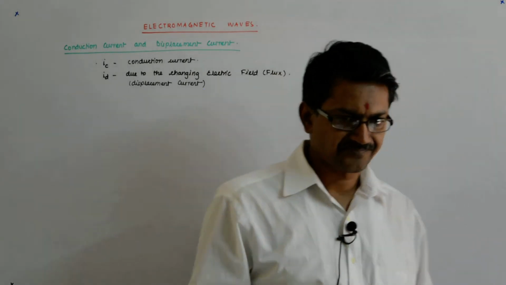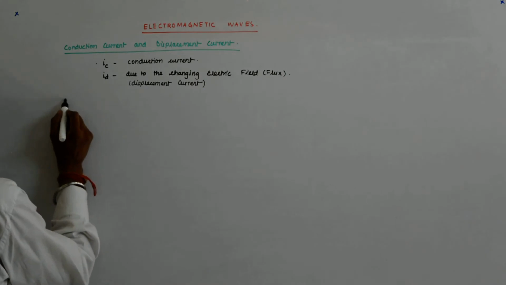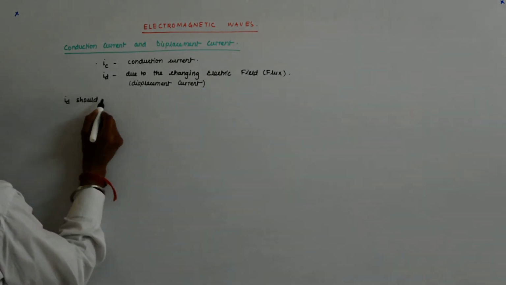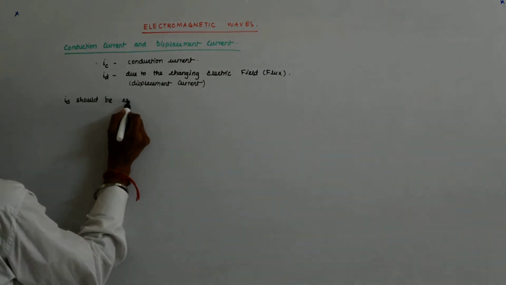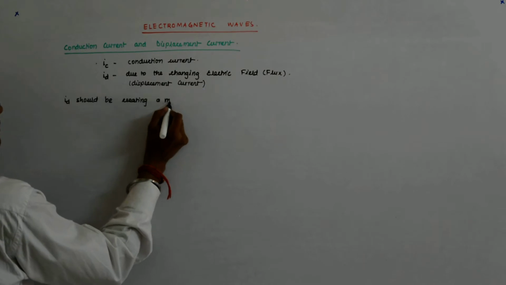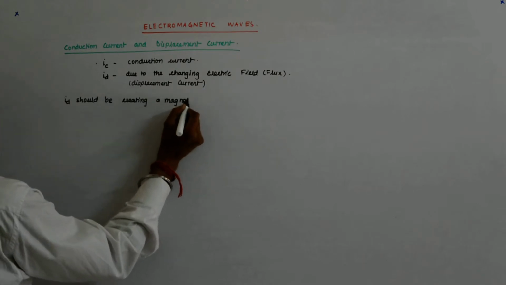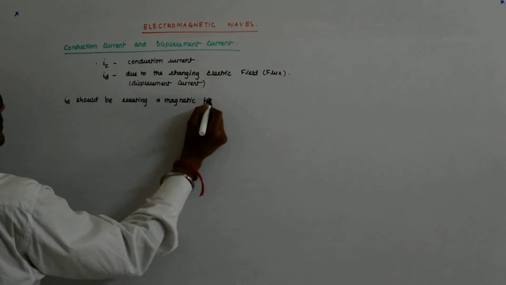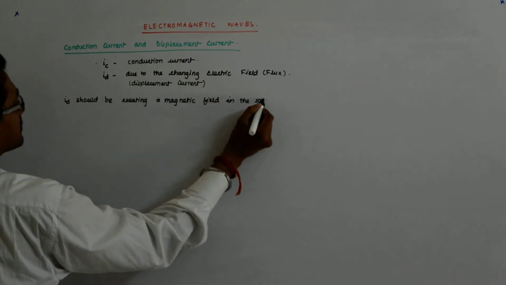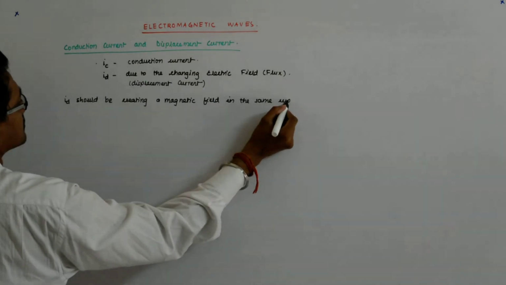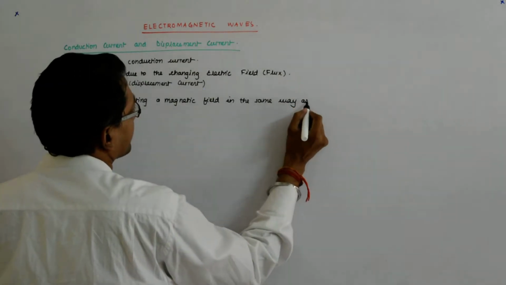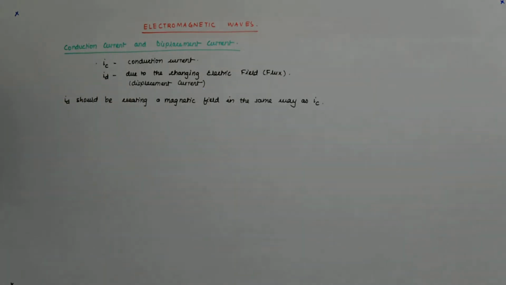So ID should be creating a magnetic field in the same way as IC.